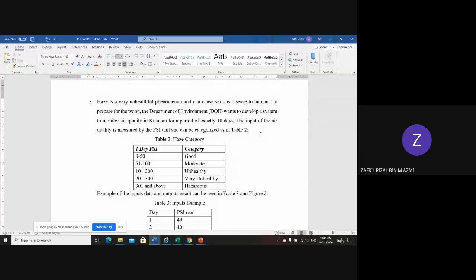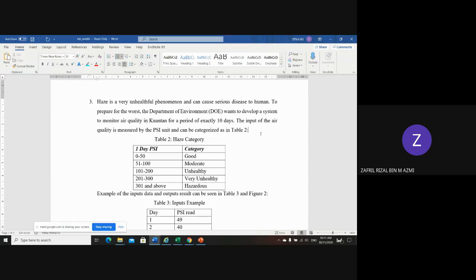The correct answer is only one, which is the PSI value.